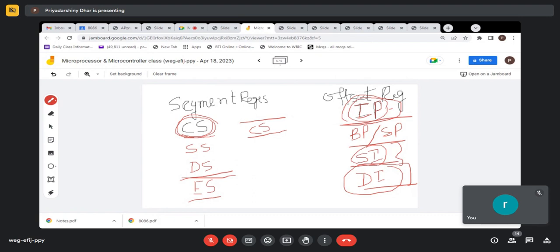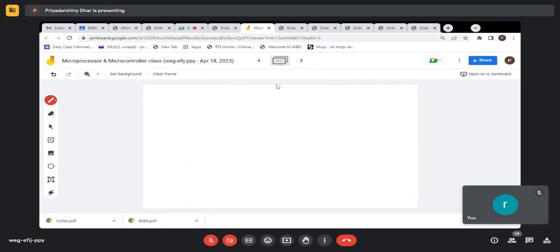Now next one, suppose we have a code segment, the same example. If our code segment value is 5000 and the IP is 1111, the physical address is computed from the segment address and the offset address. What about our segment address?